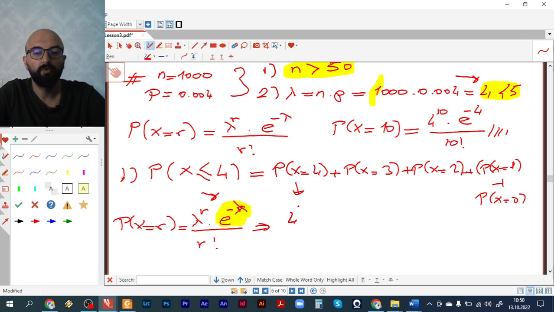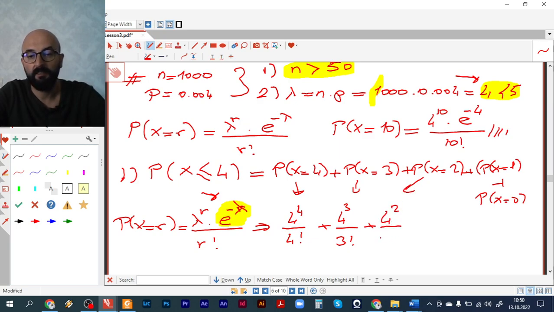So 4 to 4 over 4 factorial plus 4 to 3 over 3 factorial plus 4 to 2 over 2 factorial, 4 to 1 over 1 factorial, and lambda to 0 over 0 factorial.